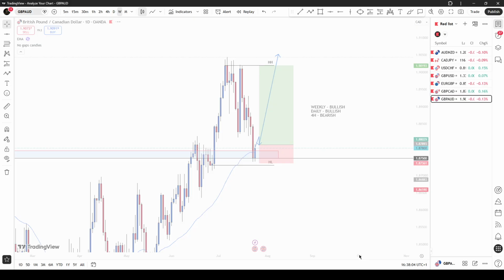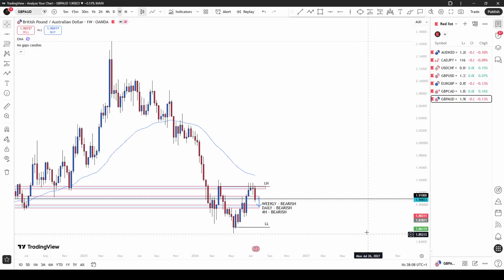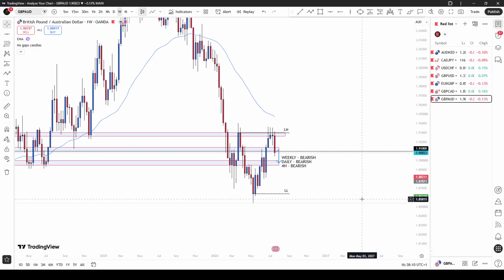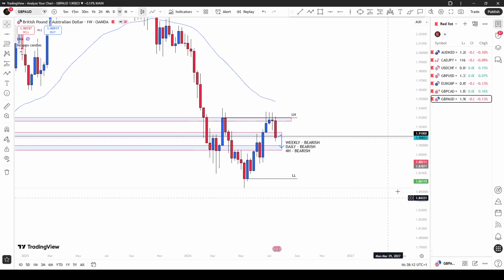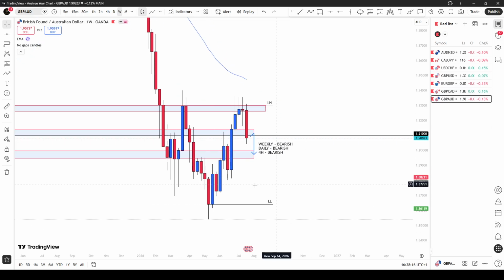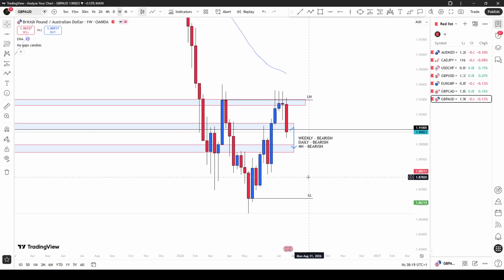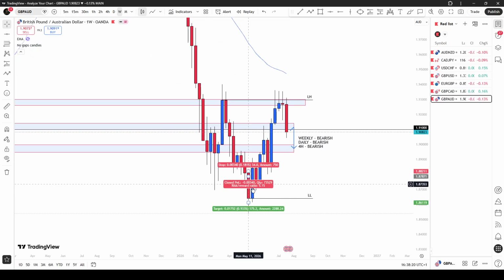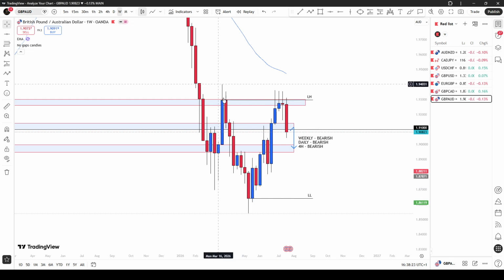On the weekly time frame, you can see we are bearish. This is the lower low and this is the lower high.